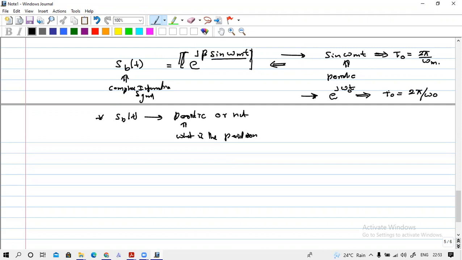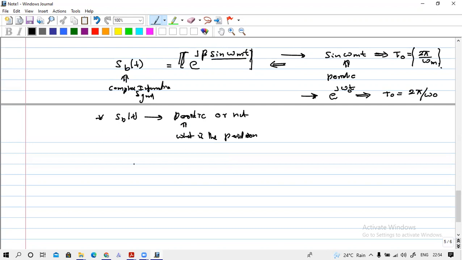So you can see that it is a function of a function. Sine omega m t is a periodic signal with period 2π by omega m, and the complex signal is also periodic with the same period, 2π by omega m.